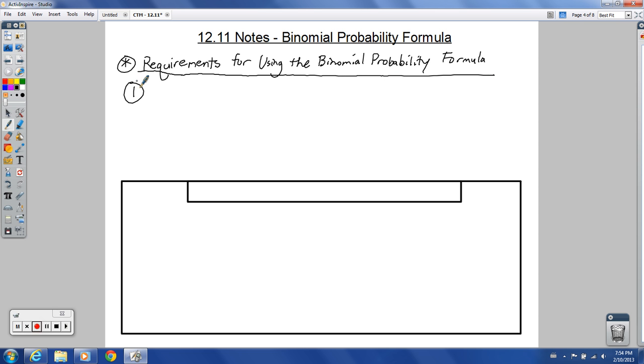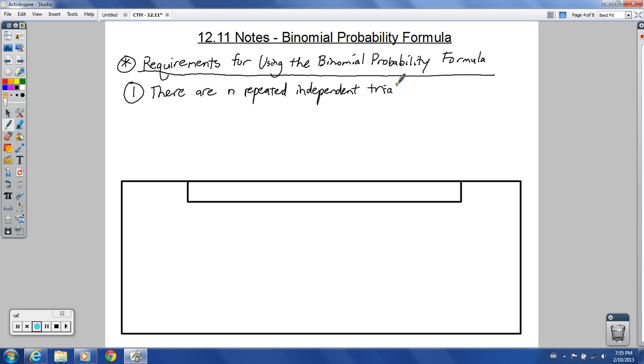Three things. One, this has to be true: there are n repeated independent trials. They must be independent. It doesn't work otherwise. So they have to be independent trials.